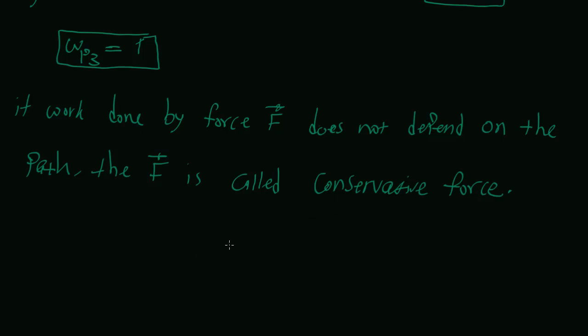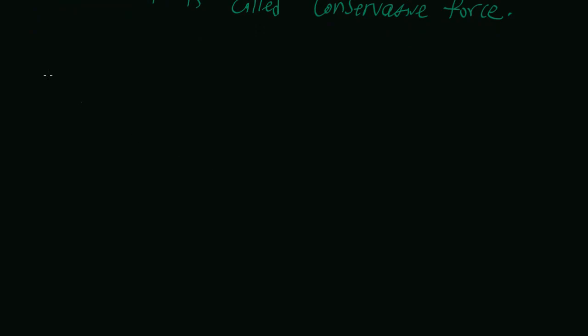There should be a better way to do this, and that's what we want to show right now. If we are given a force, like the examples that we had, with an equation for the force, we want to be able to determine if it is conservative or not.